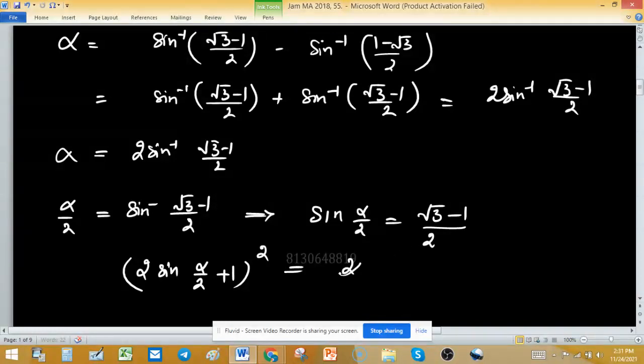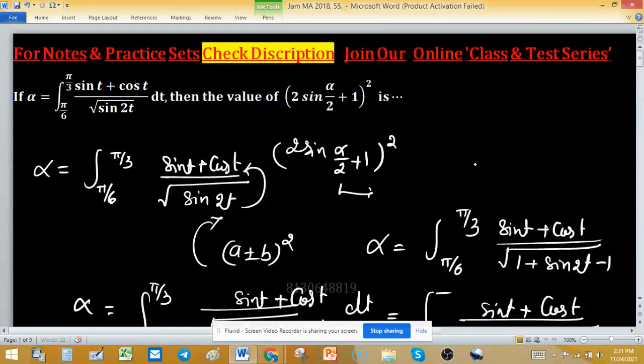So this equals root 3 minus 1 plus 1 whole square, and this is the same as 3, because minus 1 and plus 1 cancel out. So the key of this question is 3, which means this is a numerical answer type question.